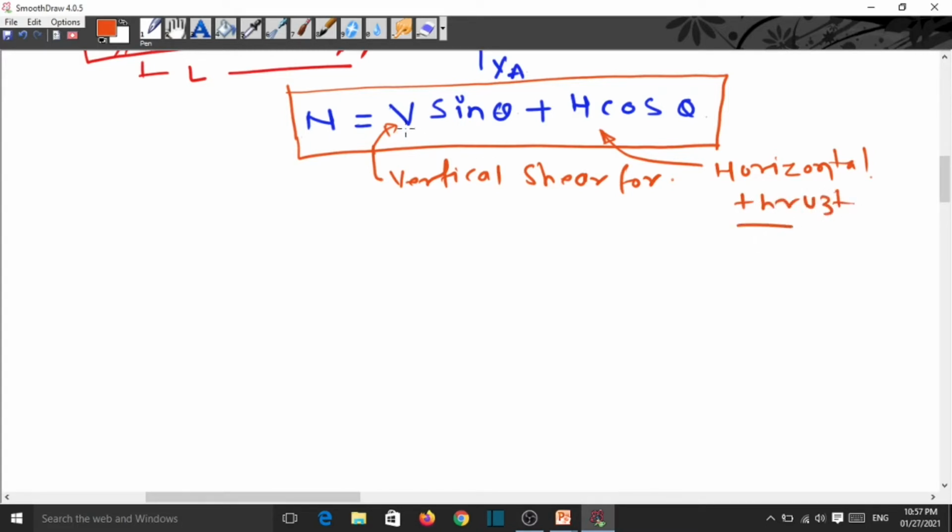So first we draw the ILD for this part V, and we multiply it by sin theta.